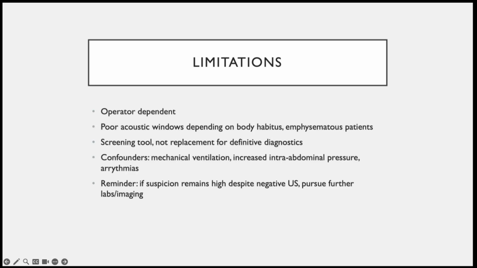So these are all different things in your patients that can distort your ultrasound findings and something you should take into consideration when scanning your patients. And again, as a reminder, if your suspicion remains high despite a negative ultrasound exam for a certain diagnosis, make sure you pursue further labs and imaging.